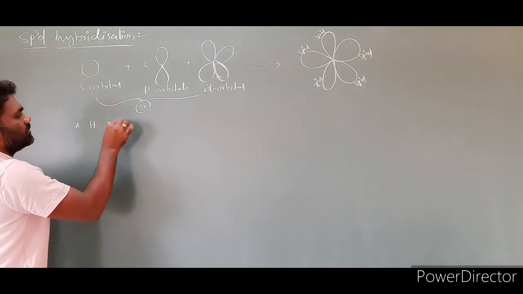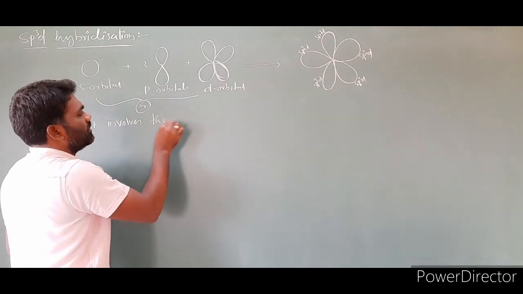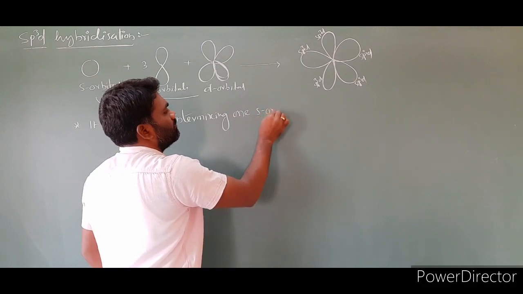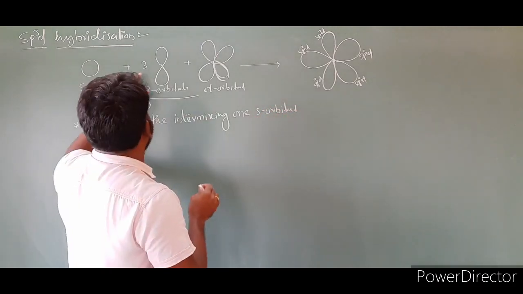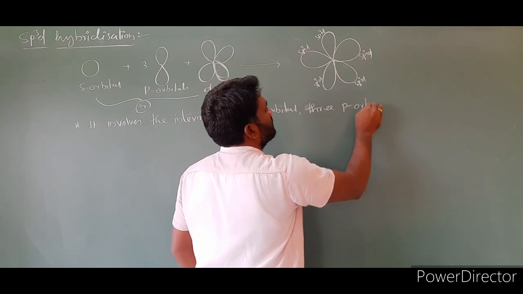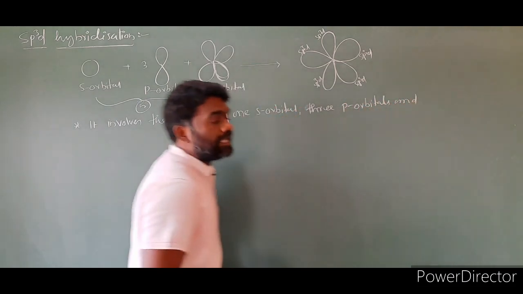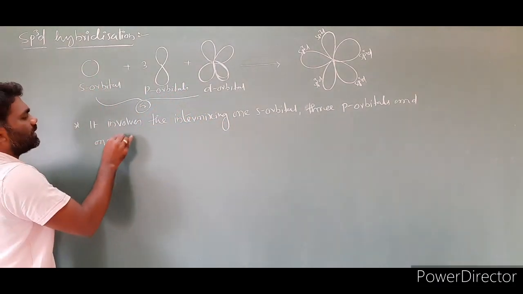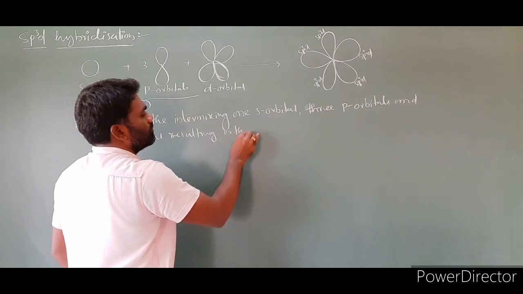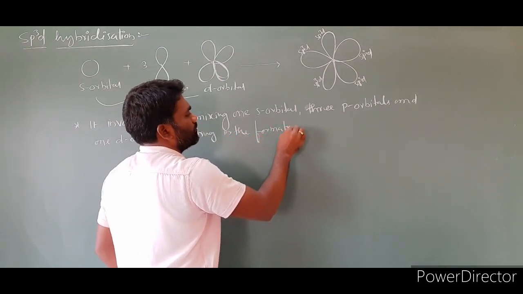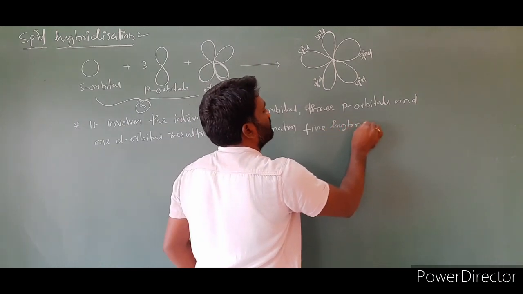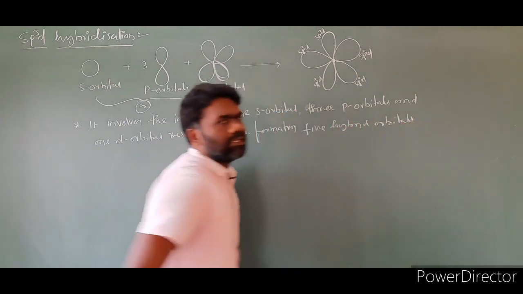It involves the intermixing of one s orbital and 3 p orbitals and 1 d orbital, resulting in the formation of 5 hybrid orbitals. This is statement 1.